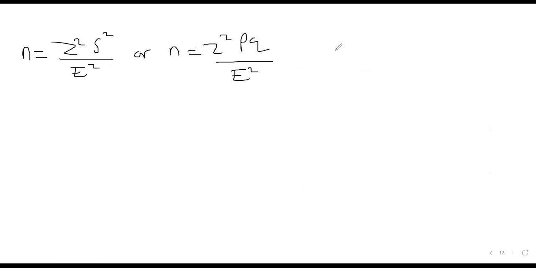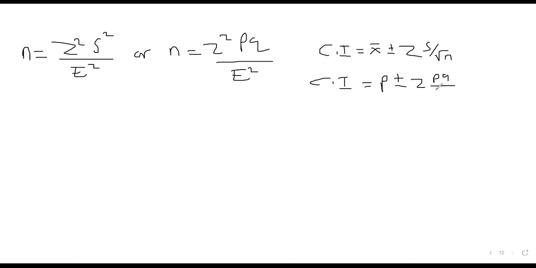Then we're also going to use confidence interval, which is a range which is given by the mean plus or minus z standard deviation over square root of n. We'll also be given confidence interval of a proportion, which is given by p plus minus z square root of pq over n. Now don't be scared of these formulas, you'll be given them.